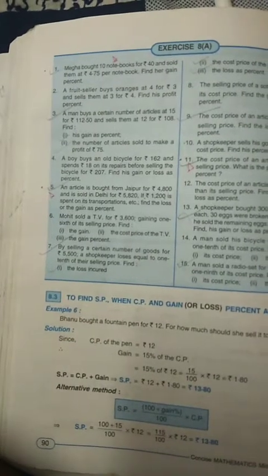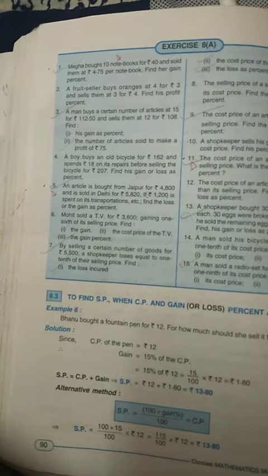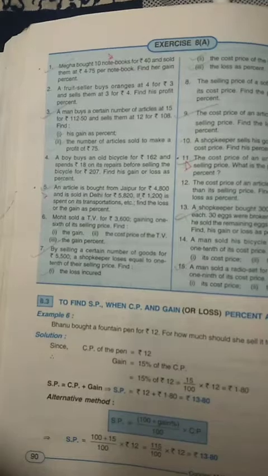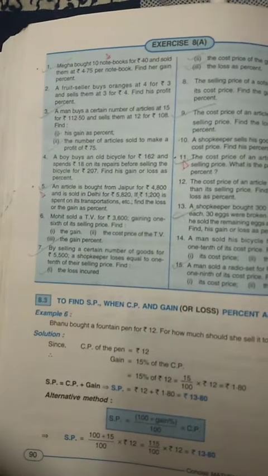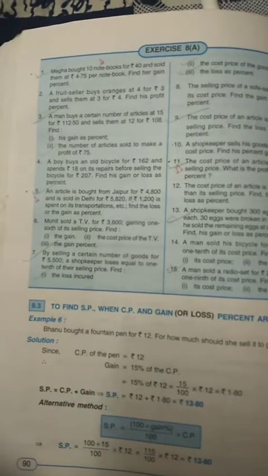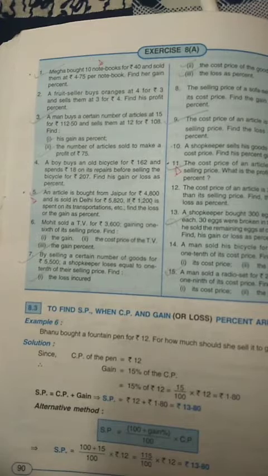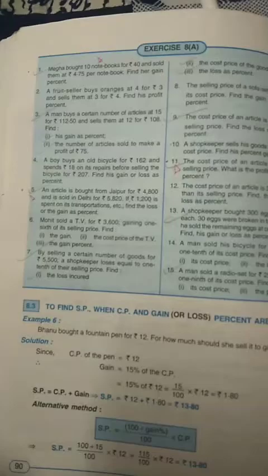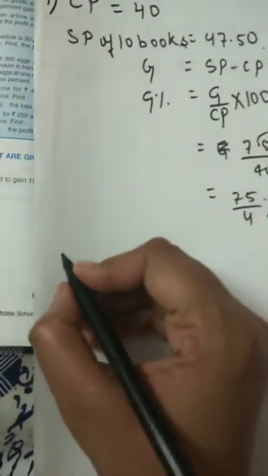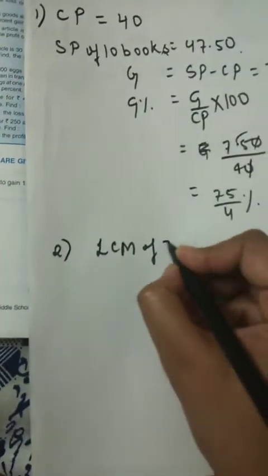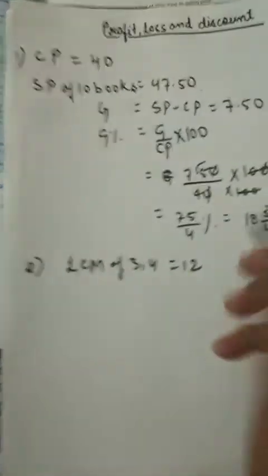Now again we have to find profit percent in this, but we are not able to understand what is the actual cost price and what is the actual selling price. So in this type of question, we will first find the LCM of rupees 3 and rupees 4 to equalize it. So the LCM of 3 and 4 will be equal to 12.